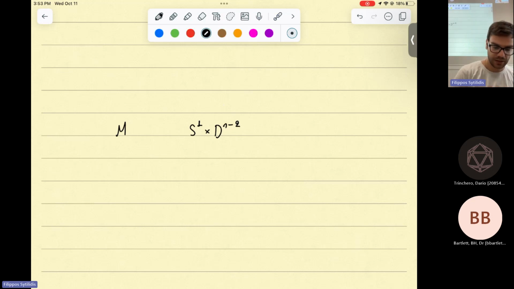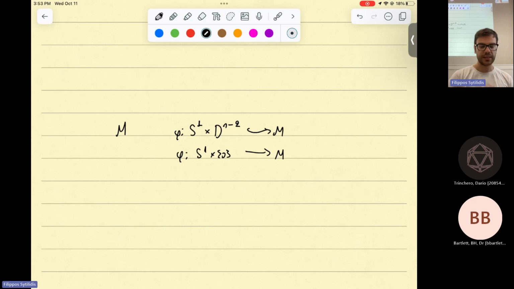If this is my embedding, where S^1 is being sent under this embedding, that's going to represent a class in the fundamental group. And index 2 surgery is going to basically produce a manifold that kills this class.